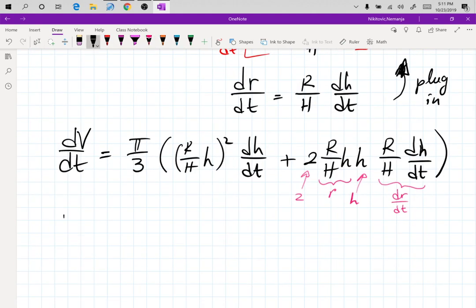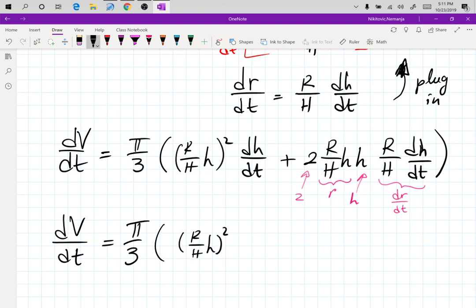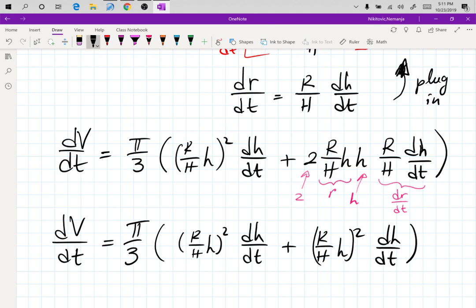And now you just collect the like terms, and you can just plug in numbers and you're done. So over here, we have R over H times h squared dh/dt, plus, now what do you have? R times r, h and h, so you still have R over H squared dh/dt. Oh, there's a 2 in front.